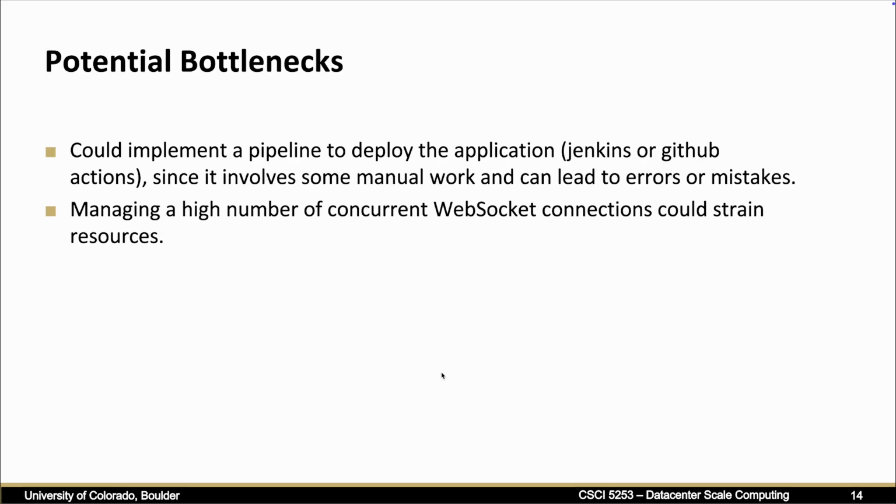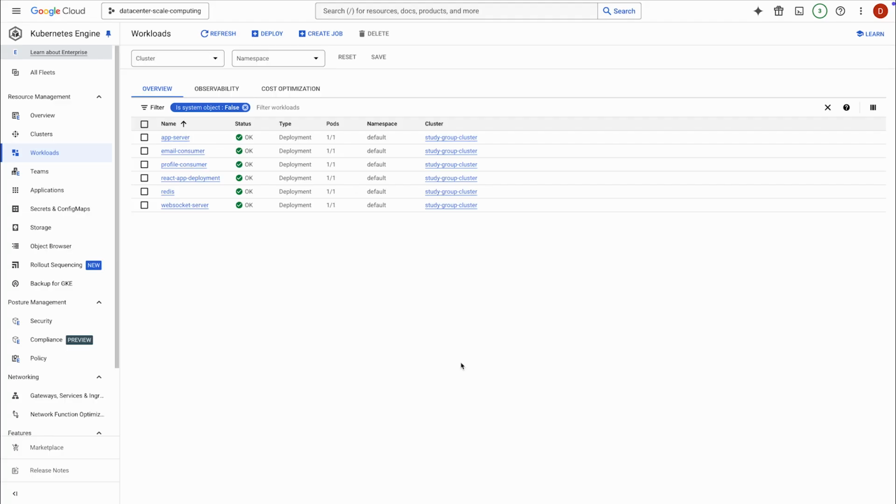As for the potential bottlenecks, the major thought within our group is that we could have implemented a pipeline so that we don't have to deploy all these services manually on the cluster that we created using Terraform. And if there are a lot of users, it's going to put some strain on the chat microservice that we have.